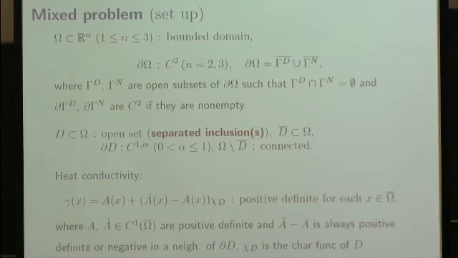And I assume its boundary is C2 for n equal 2 and 3, and the boundary consists of two parts. Here's a picture. So this is the omega, and when we consider the boundary of this omega, it consists of two parts: Gamma d, this is the red part, and the white part, Gamma n.